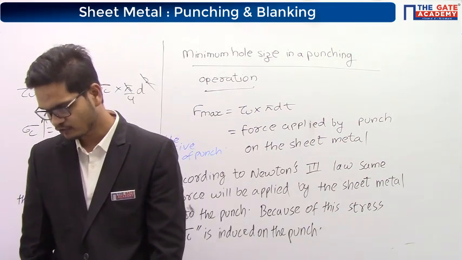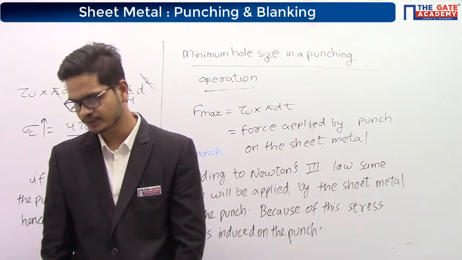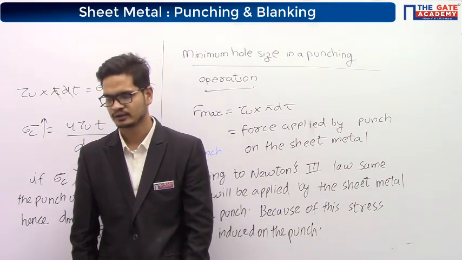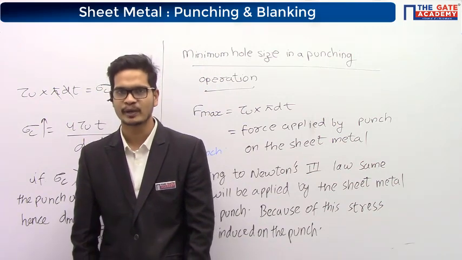The crushing strength of the punch material is 1500 megapascal.